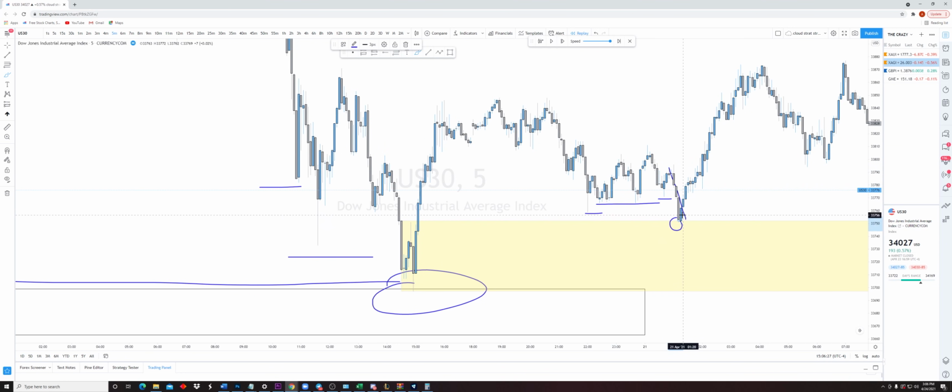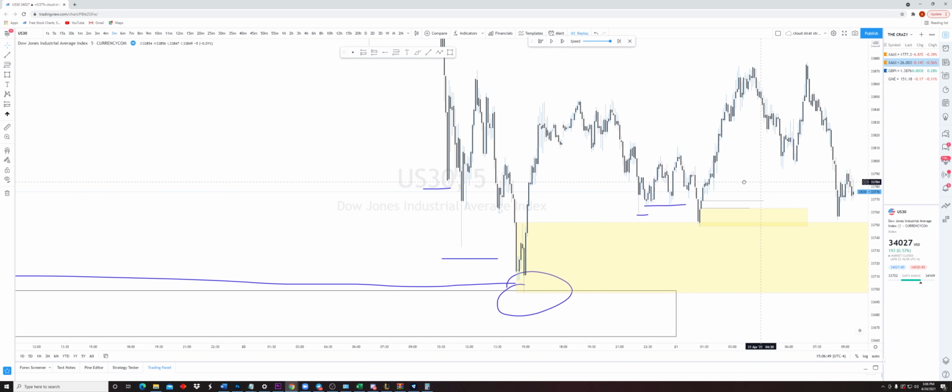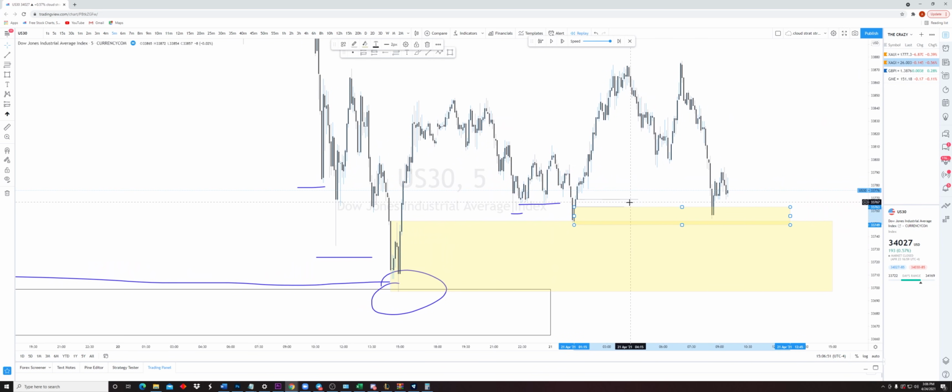As well as that, you have moves higher, which break structure, and show you that institutionally price wants to move higher from these zones. And you take the last down move before the up move, which is both valid as this move right here, right? As well as this last move right here, which incorporates the idea that this imbalance right here, right, between this wick and this wick wants to be filled. So look what happens in the future. Price comes to fill that perfectly.